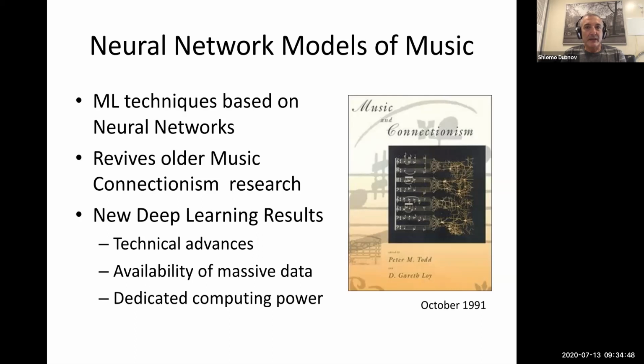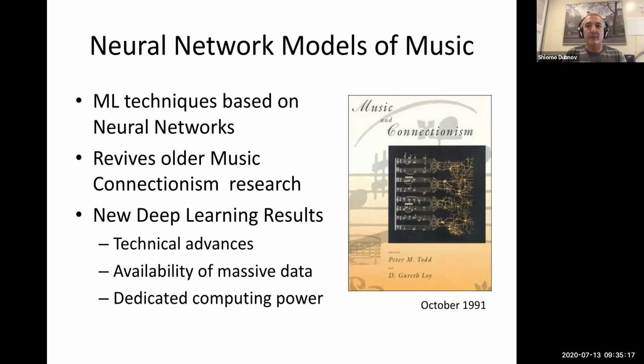So broadly speaking, yes, neural networks are just machine learning techniques, but they have their own specific way of framing the machine learning problems. So with the technical advances today of the optimization algorithms, the availability of a lot of data, and the computing power, we can actually see some amazing results.